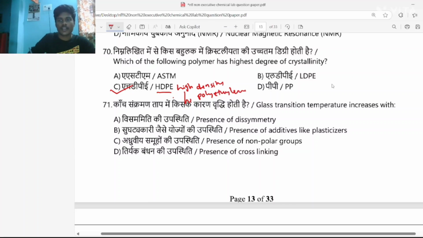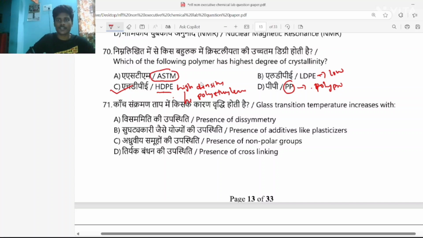And LDPE is nothing but low density polyethylene. PP we have already seen, PP is polypropylene. And ASTM is not a polymer, it is just a technique, so it could not be the answer. So answer here is HDPE.